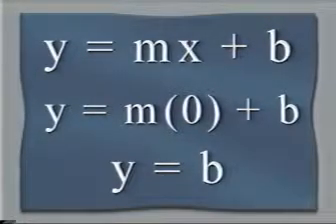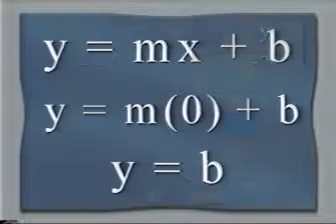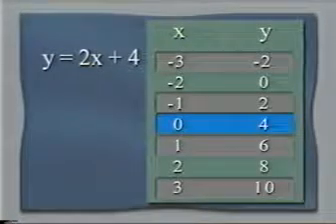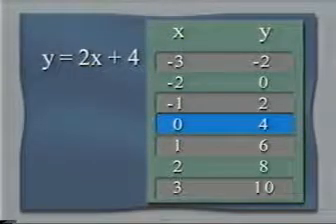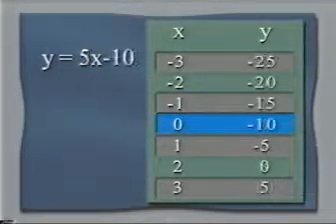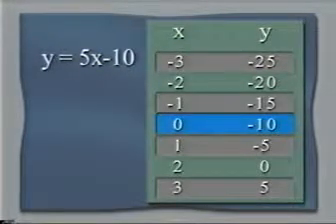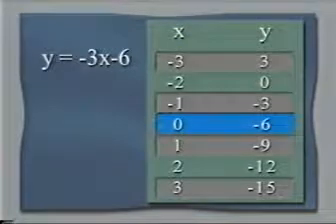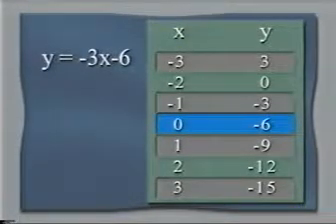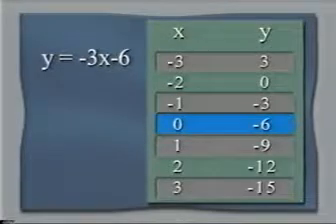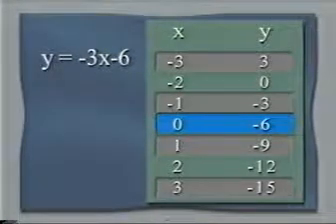So when x is 0, y will be b. Looking at our three equations, when y is 2x plus 4, the y-intercept should be 4, and it was. When we had y equals 5x minus 10, the y-intercept should be negative 10, and it was. And in the third equation, y equals negative 3x minus 6, the y-intercept should be negative 6, and it was. So once again, algebra works.